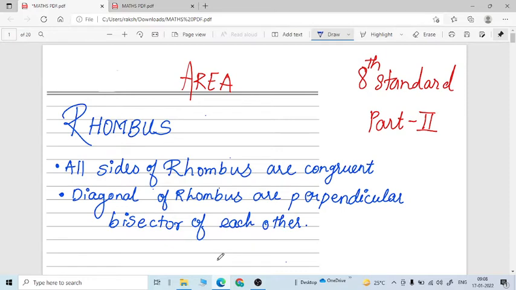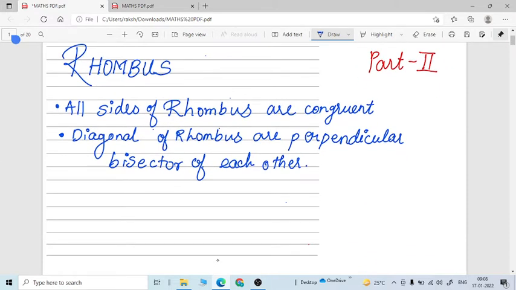Area of rhombus. Here are the properties. All sides of a rhombus are congruent. As shown in the diagram, the rhombus is not in a particular square shape.